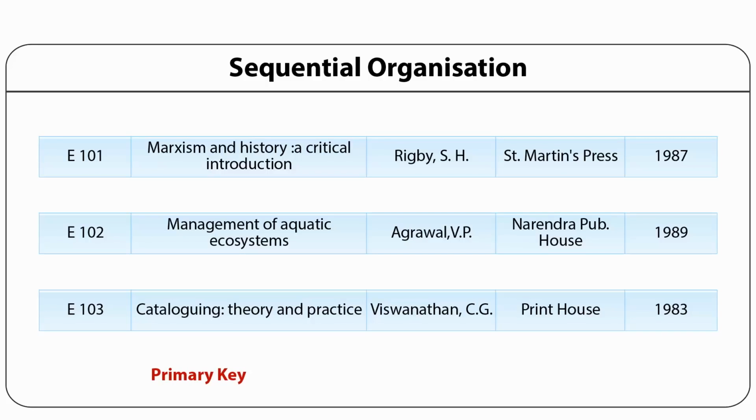These numbers are unique. You can see that it is 101, 102, 103. This key actually determines the sequence of records in a serialized manner. So this kind of organization is known as sequential organization.